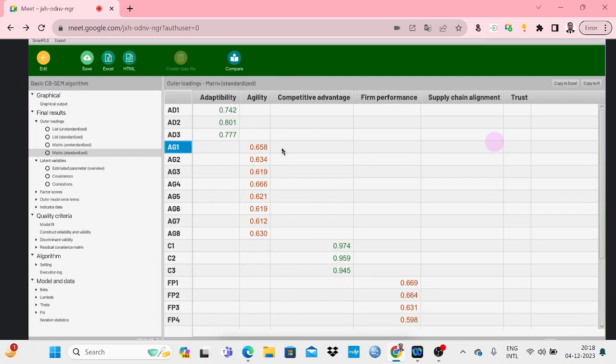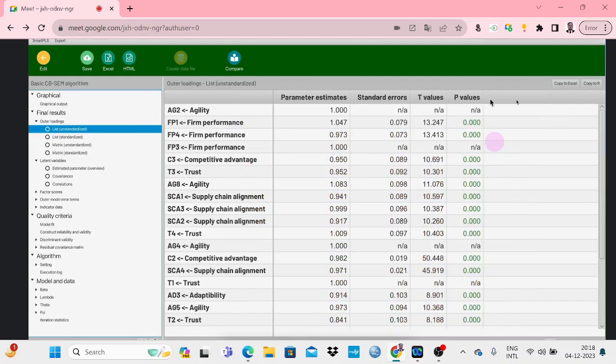That contribution is known as the factor loading, and for a contribution to be significant, the factor loading should be greater than 0.5 in the case of CBSEM.